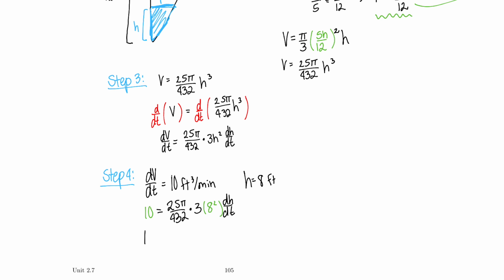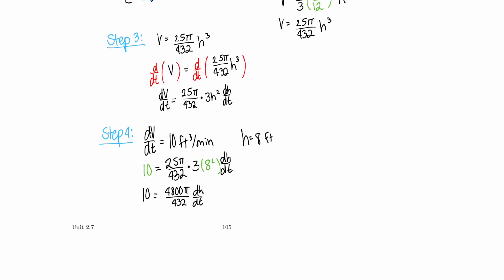If you simplify here, and you do 25 pi times 3 times 8 squared divided by 432, you're going to get, I hope, 4,800. Let me just double check and make sure that number's, yeah. So you're going to get 4,800 pi over 432 dh/dt.